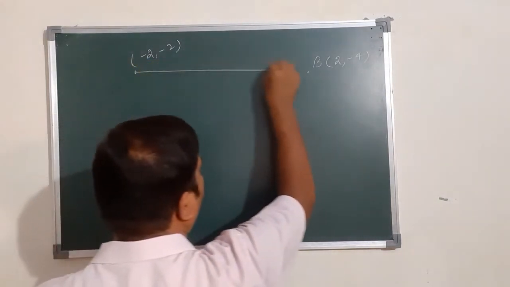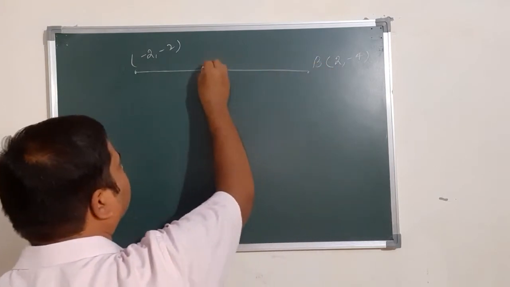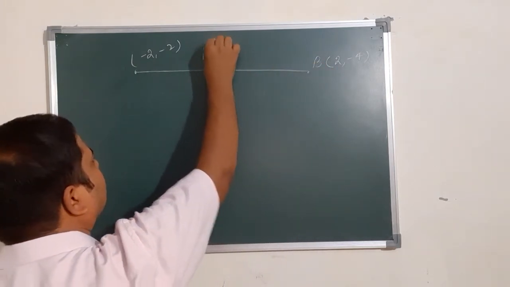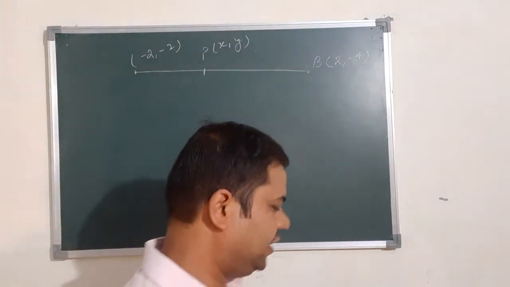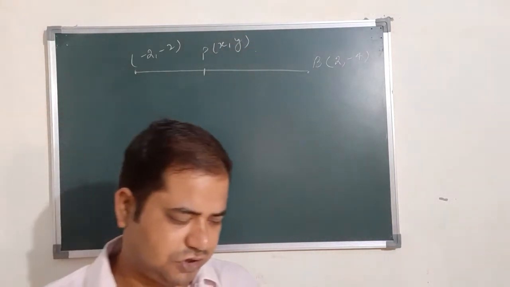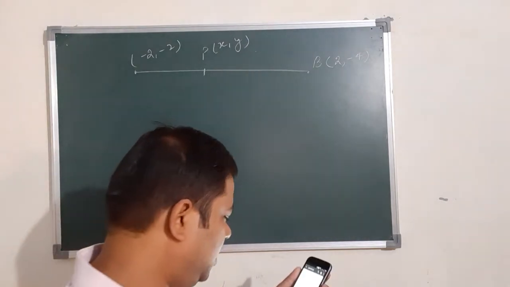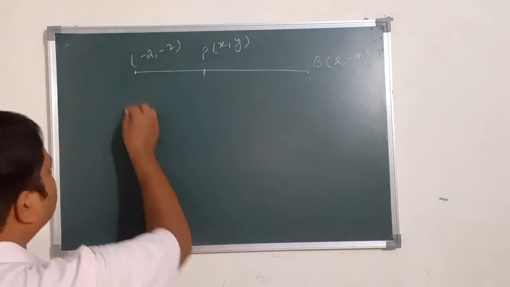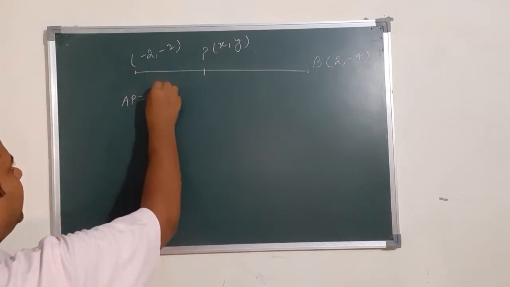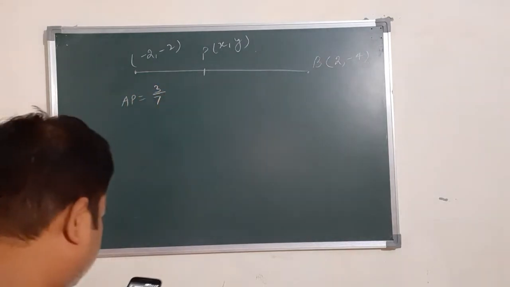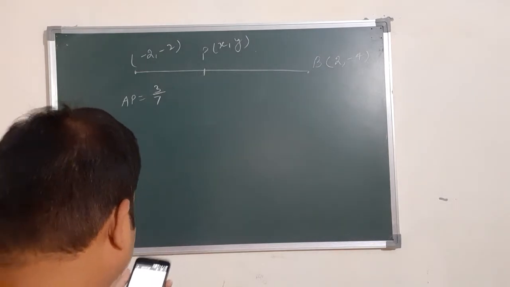We need to find the coordinates of P, say (x, y), such that AP = 3/7 AB.